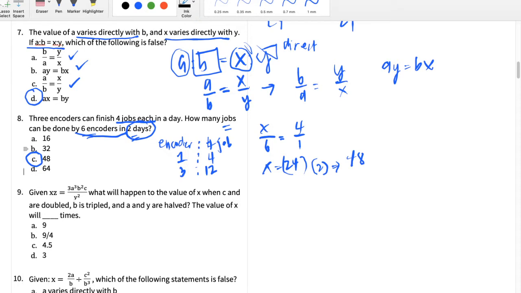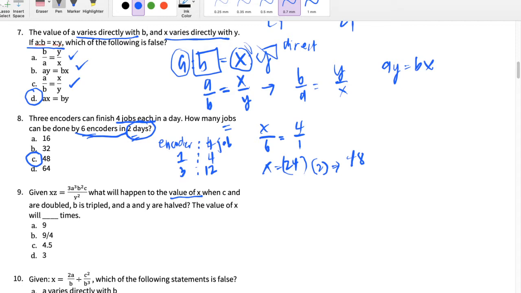Alright. Number 9. Given xz is equal to 3a cubed b squared c over y squared, what will happen to the value of x when c and d and z, sorry, may z dito dapat. Okay, when c and z are doubled, b is tripled, a and y are halved.